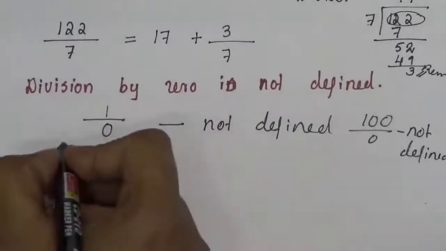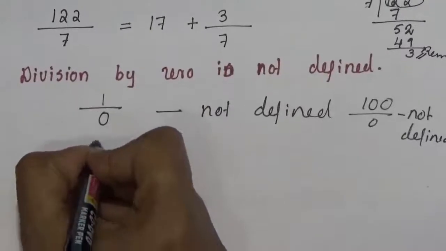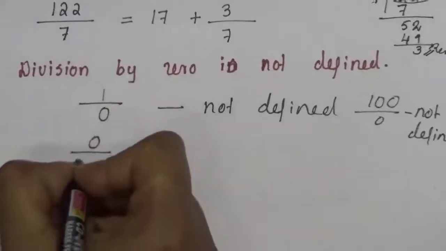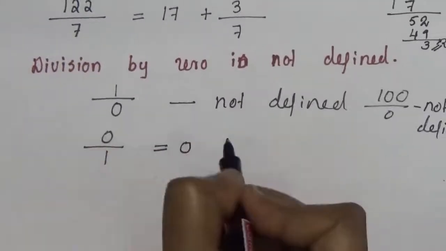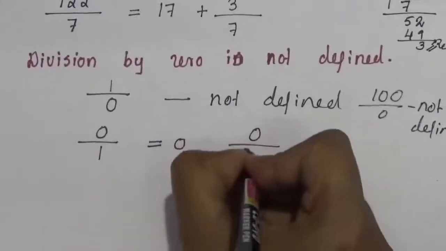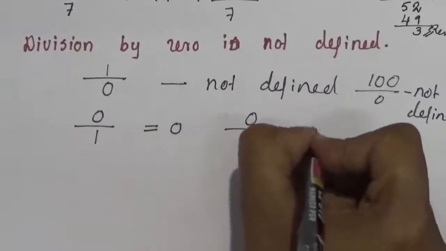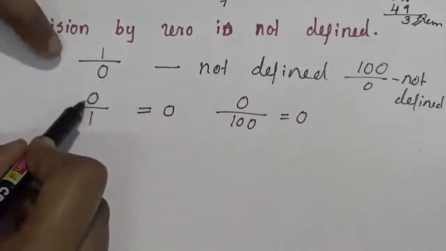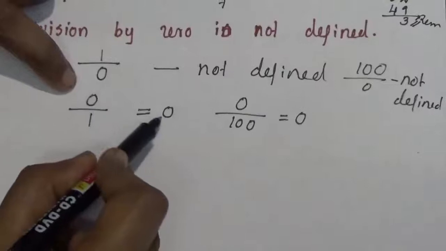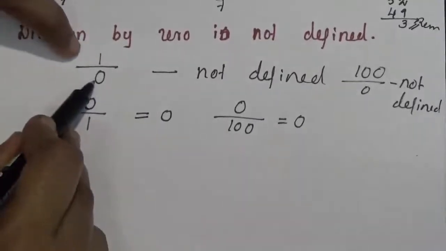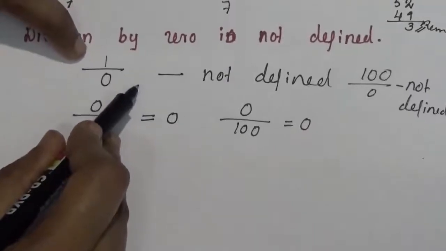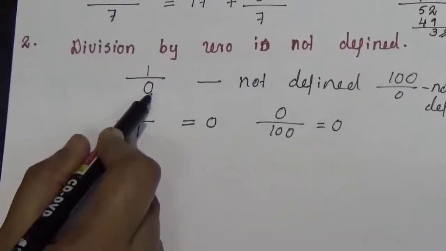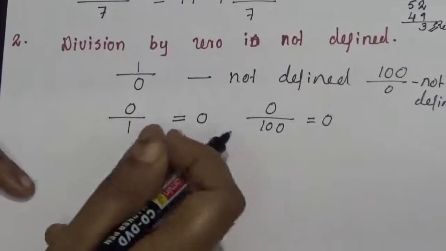Suppose the dividend is 0 and the divisor is any number, let's take 1. It is defined and its answer is 0. 0 by 100 is also defined, it is 0. So if the numerator is 0, the answer will be 0. If the denominator is 0, the result is not defined. So remember that division by 0 is not defined.